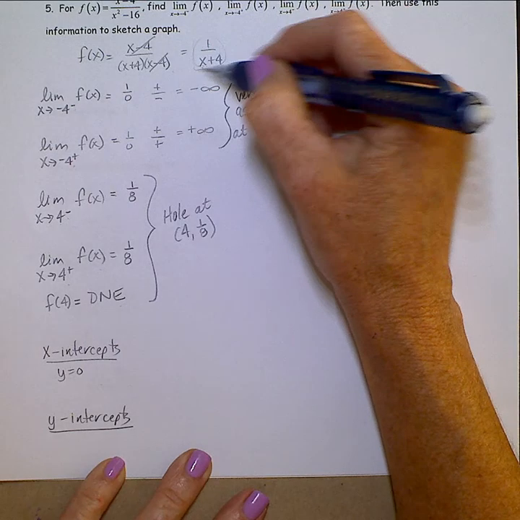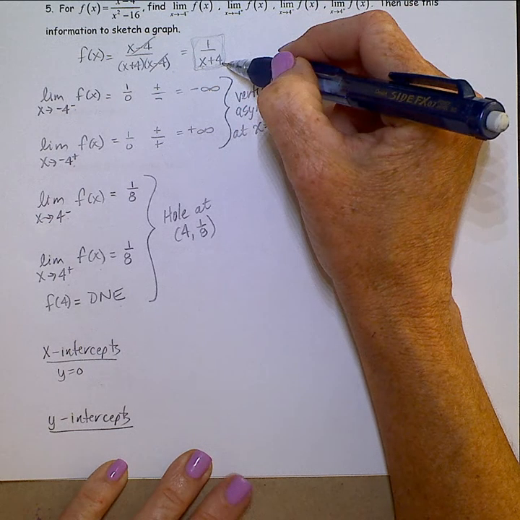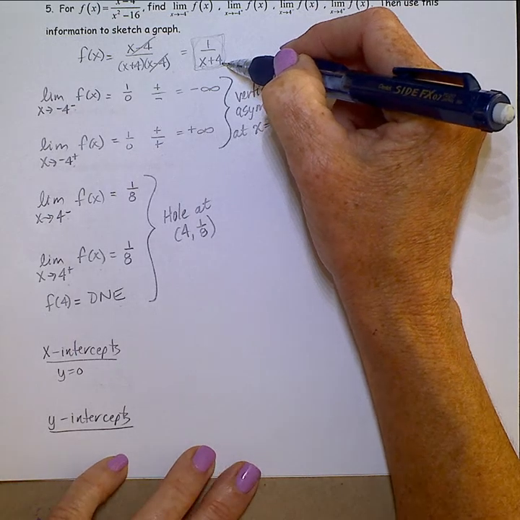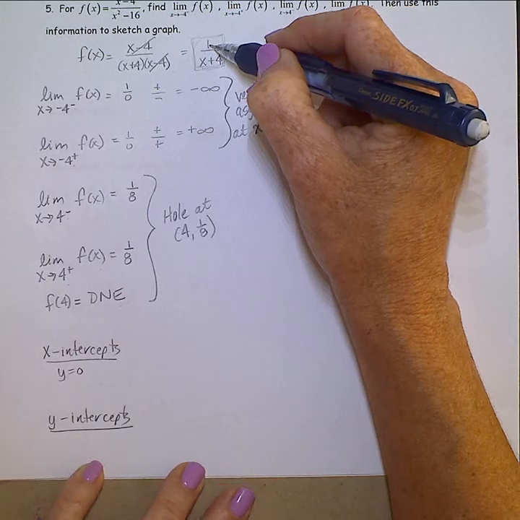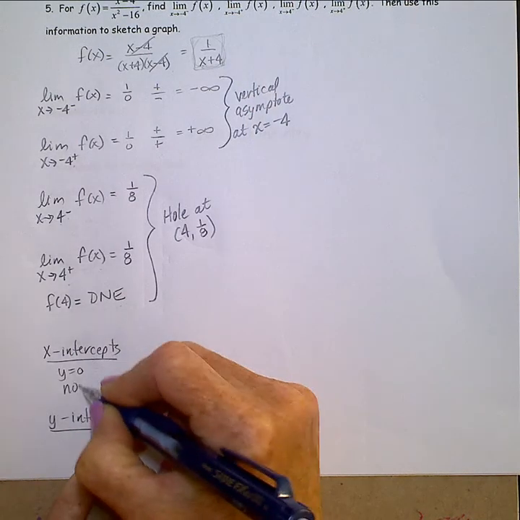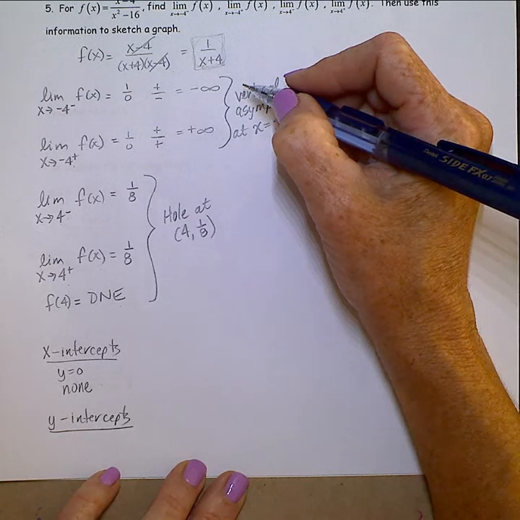Can this ever equal 0? Nuh-uh, because the only way a fraction can equal 0 is if the numerator is equal to 0. That numerator will never equal 0, so there aren't any. It never, ever, ever crosses or touches the x-axis.